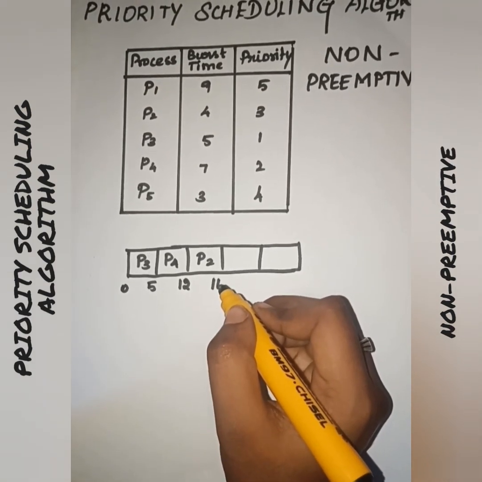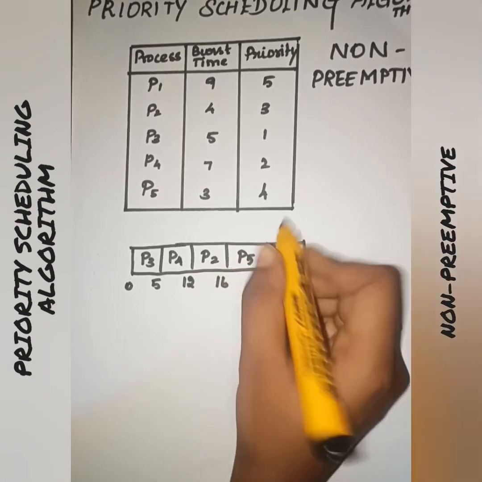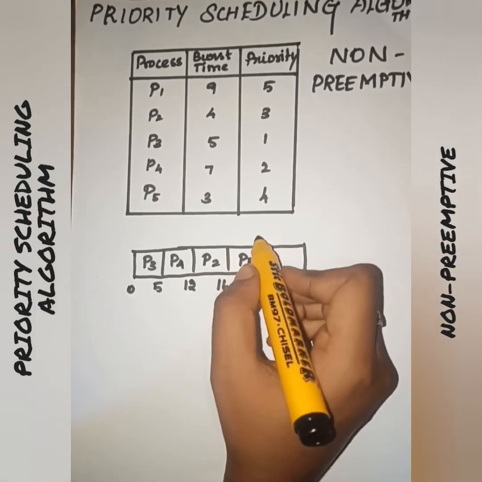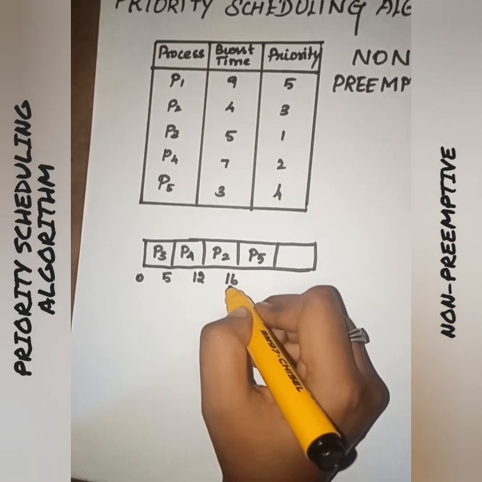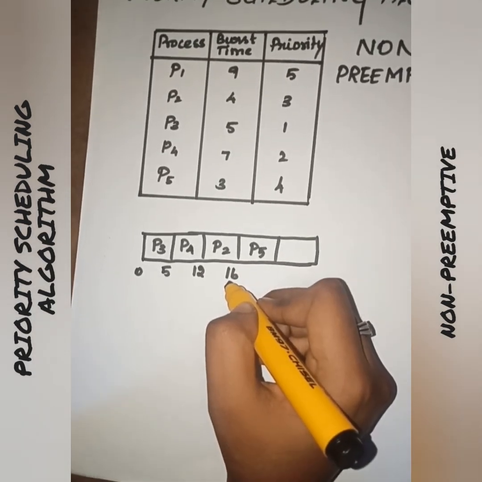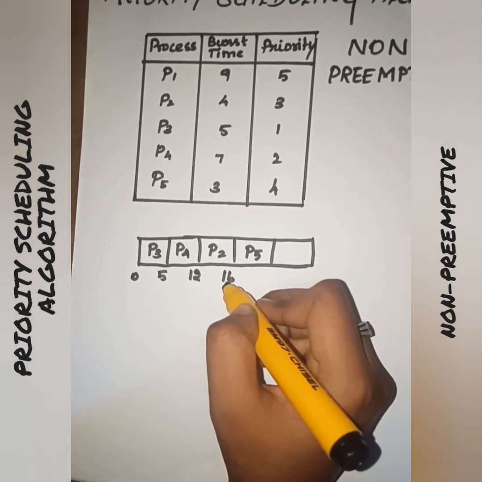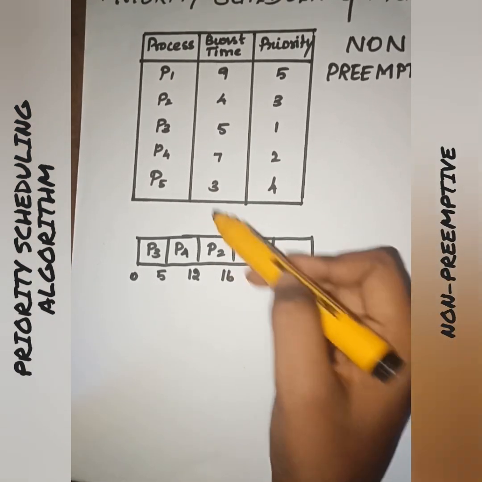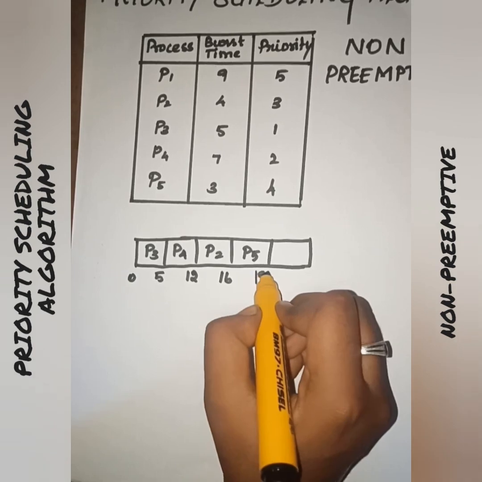Next turn is for process P5. The waiting time of P5 will be the execution time of P2, that is 16. Then the execution time of P5 is the waiting time of P5 plus the burst time of P5. 16 plus 3 is equal to 19.